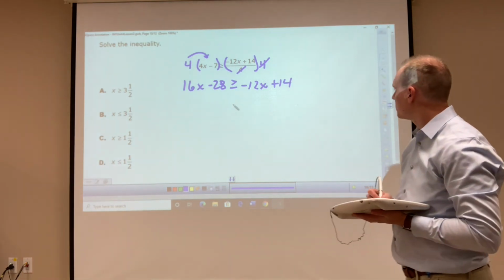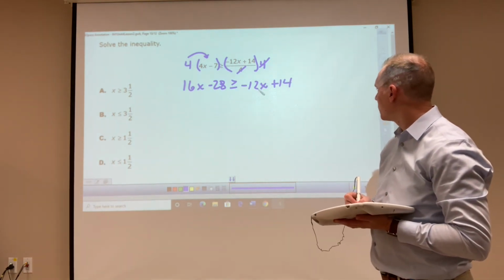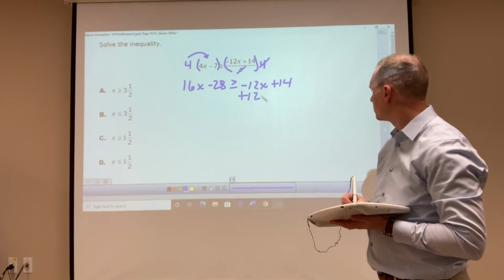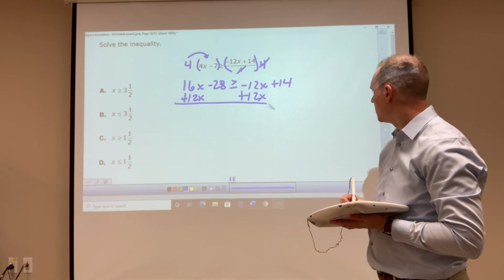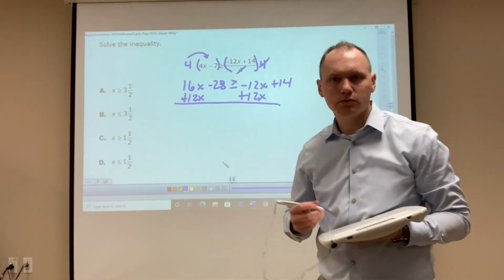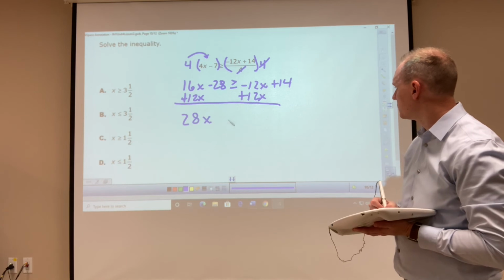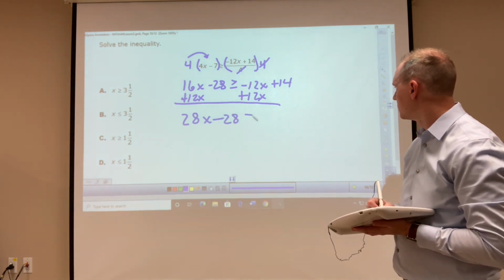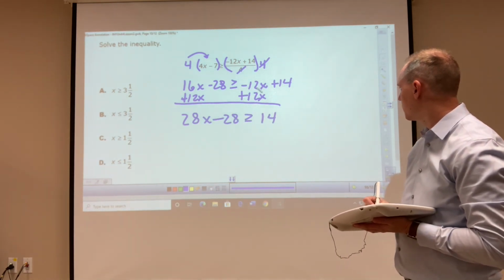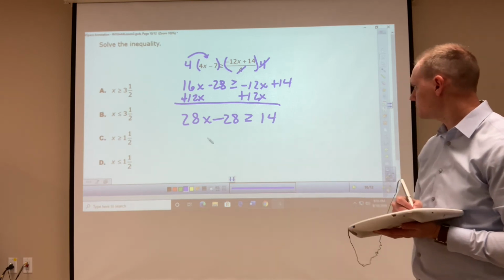From there, I'm going to add 12x to both sides. And there's a number of ways you could do that, but that's just my preference there. So it's going to give us 28x minus 28 is greater than or equal to, and then over here we're just left with 14.